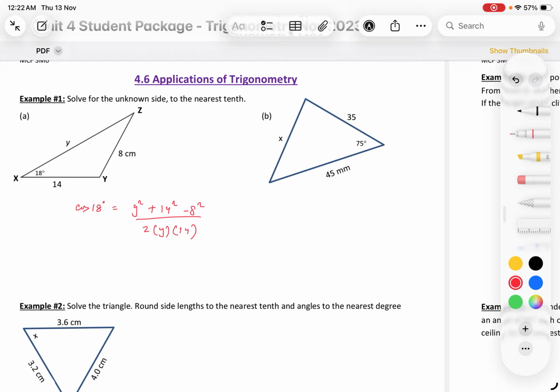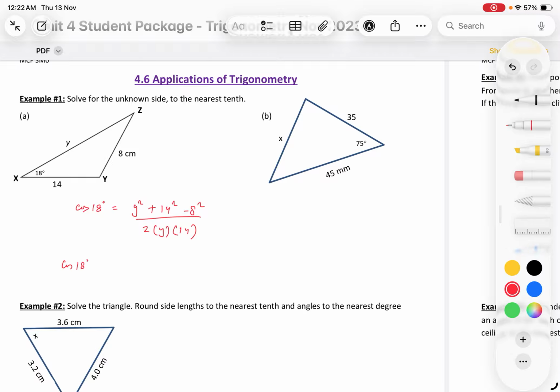So I get cos 18, and when I bring this to the other side, I get 28y times cos 18. 14 square is 196, and 196 minus 64, I think, gives me 132.